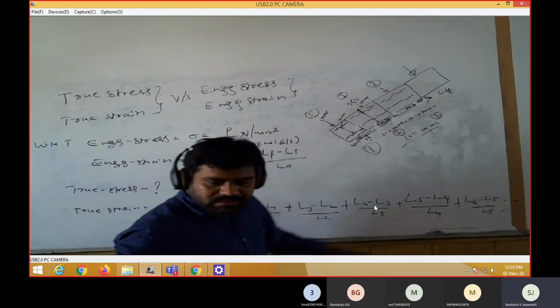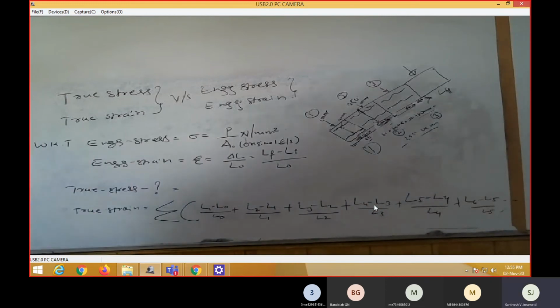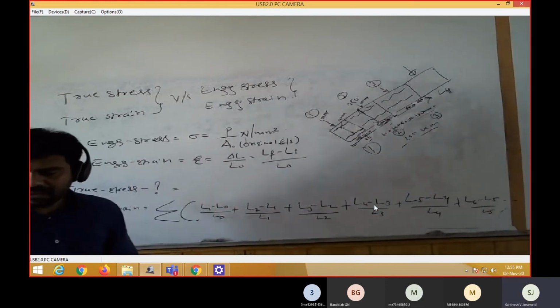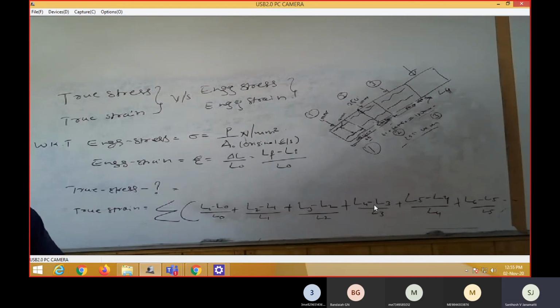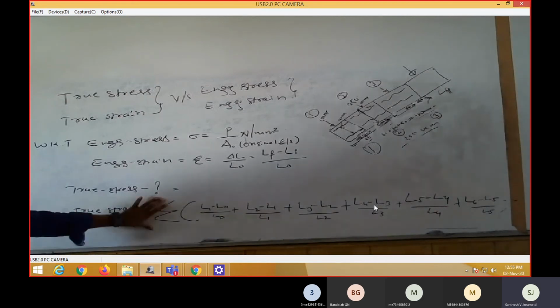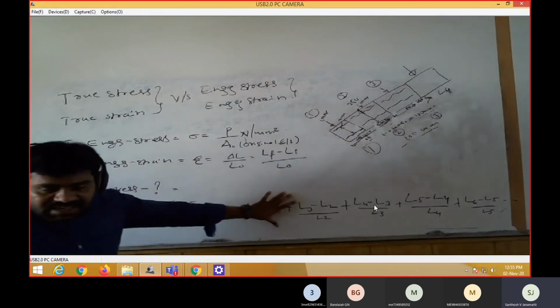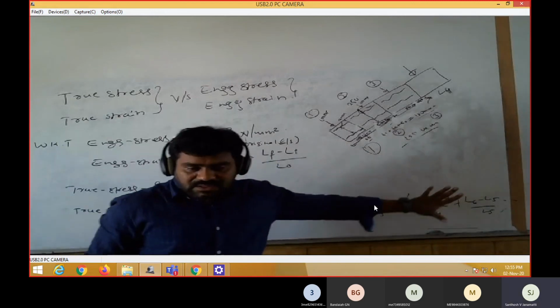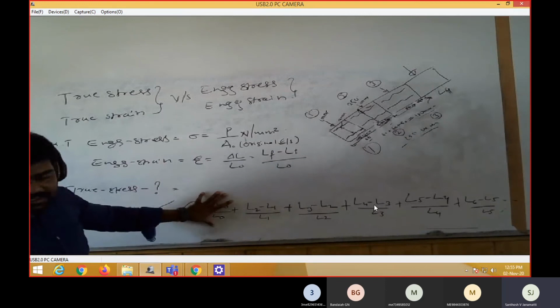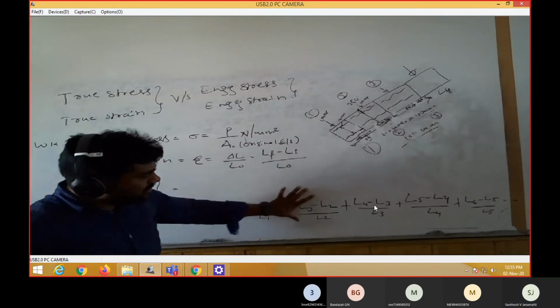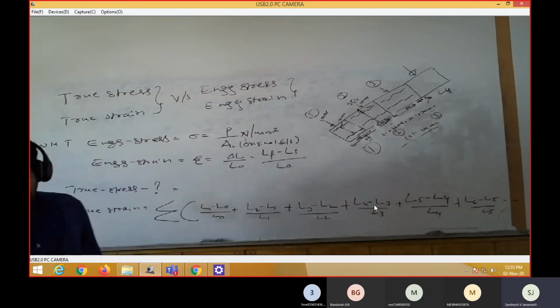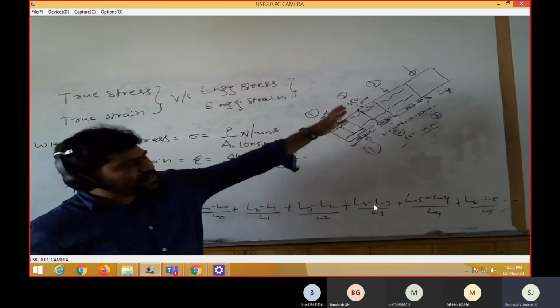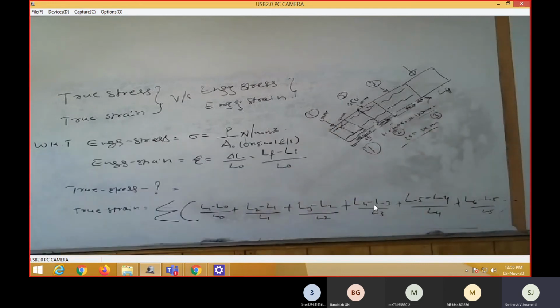It continues. However many instantaneous lengths we take, that is the sum of all instantaneous changes in the length.